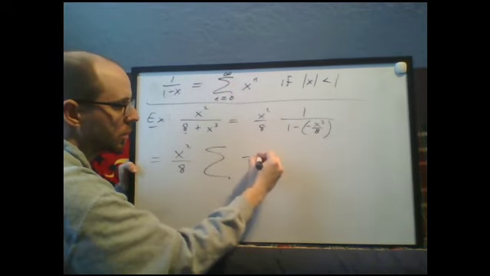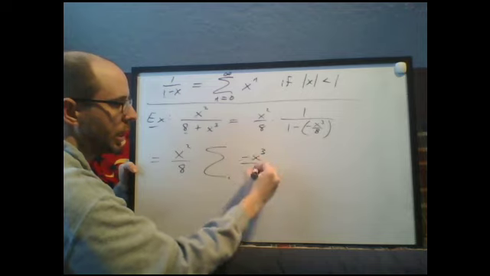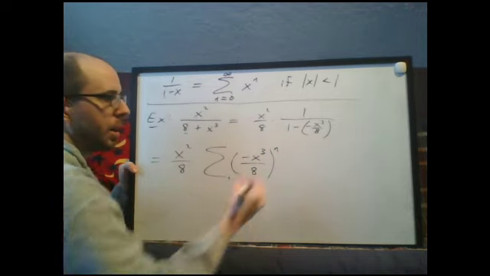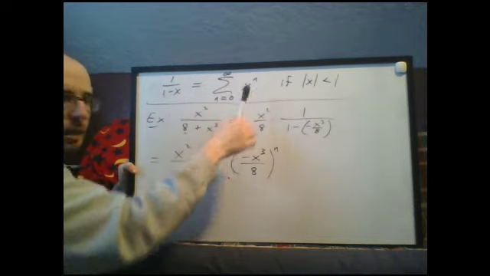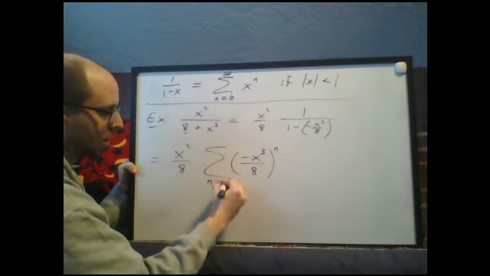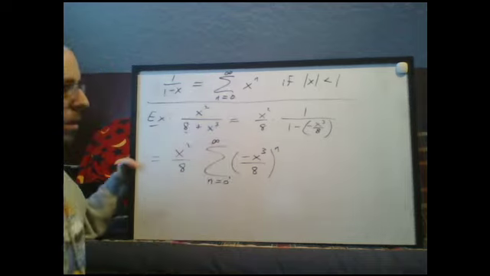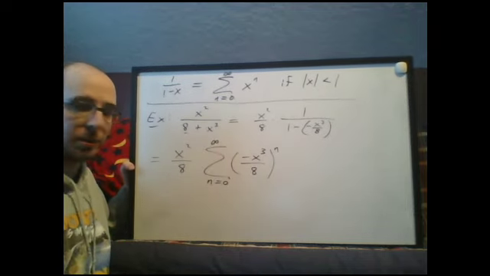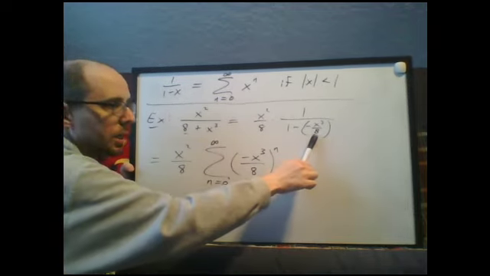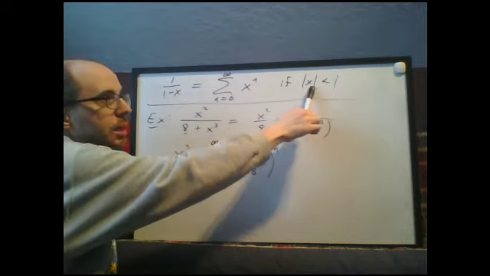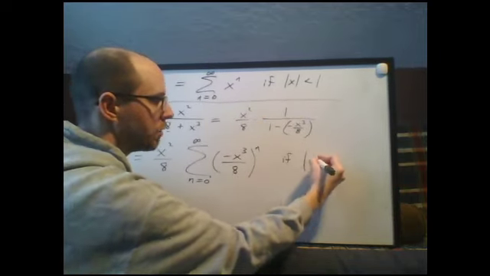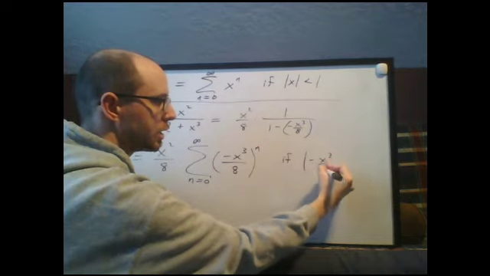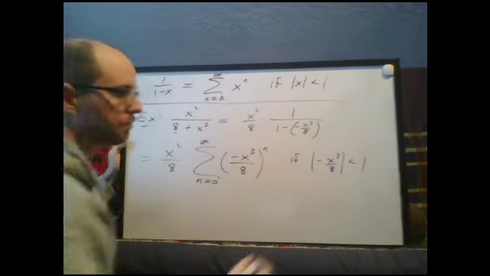So negative x cubed over 8 to the nth power. So whatever takes the place of this x takes the place of this x. And for that replacement to work, we need this input to satisfy this condition. So we need absolute value of negative x cubed over 8 to be less than 1.